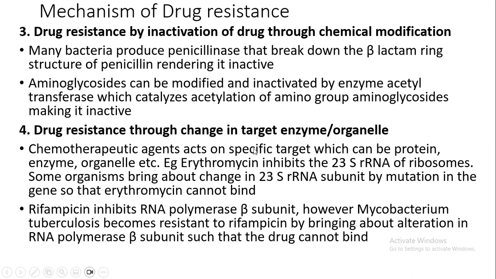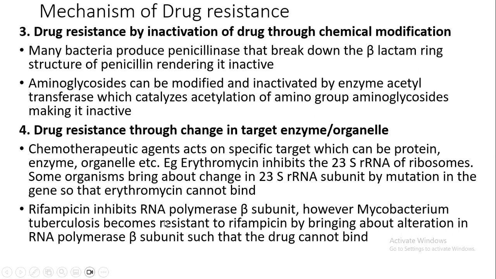Fourthly, drug resistance by change in the target enzyme or organelle. Chemotherapeutic agents act on a specific target, which can be a protein, enzyme, or organelle. For example, erythromycin inhibits the 23S rRNA of the ribosomes, and some microorganisms bring about a change in their 23S rRNA subunit by mutation in the gene, such that erythromycin can no longer bind.